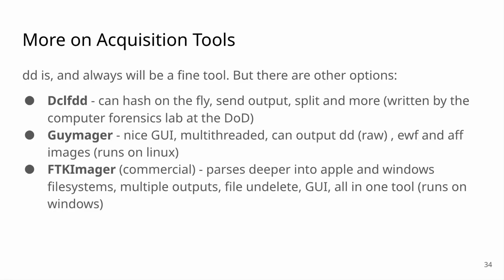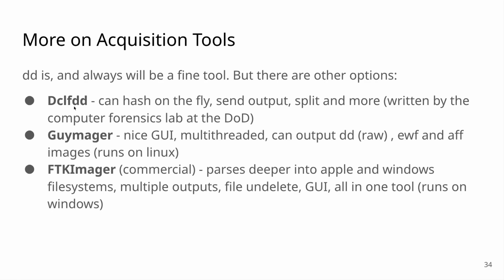Then we talked about problems in hashing, and we said that maybe you need to do two different types of hashing and provide checksums of two different types along with it. Well, there are tools that actually do that automatically for you, not just the hashing, but other stuff too. So let's talk a bit about certain tools.